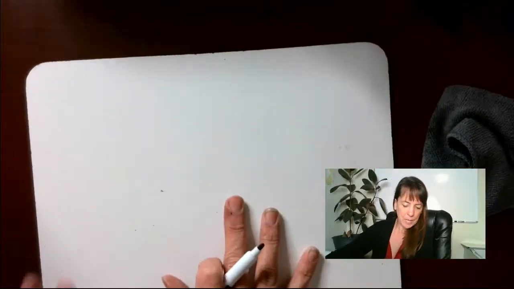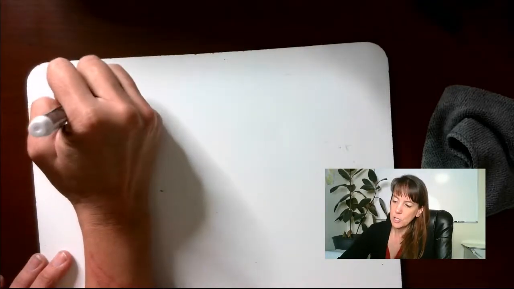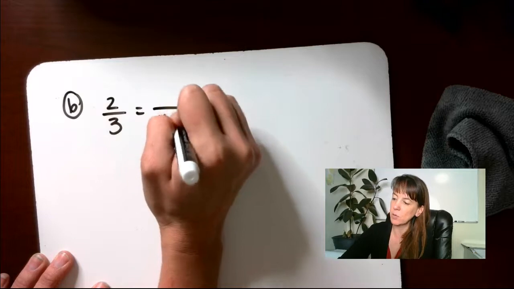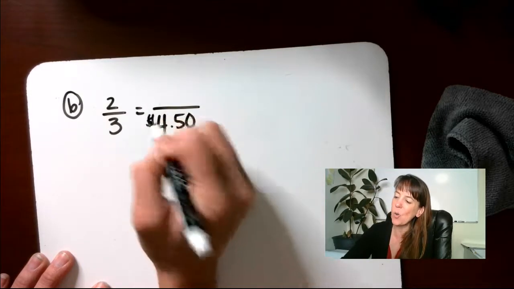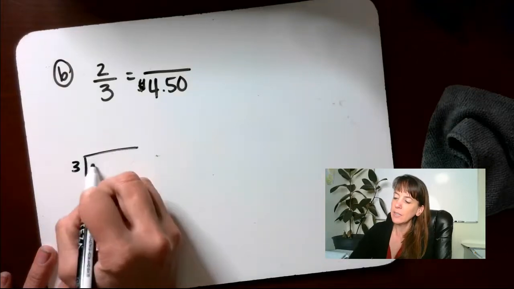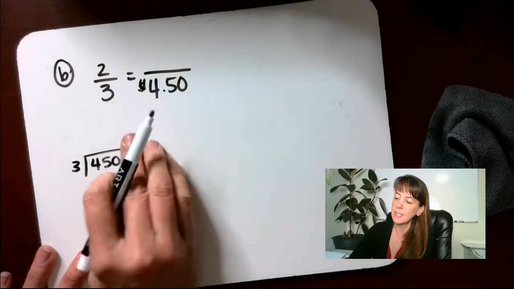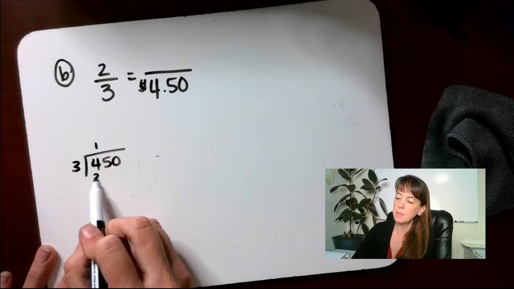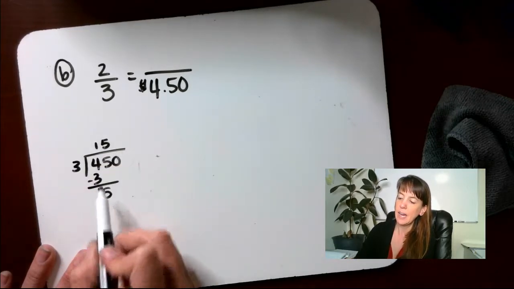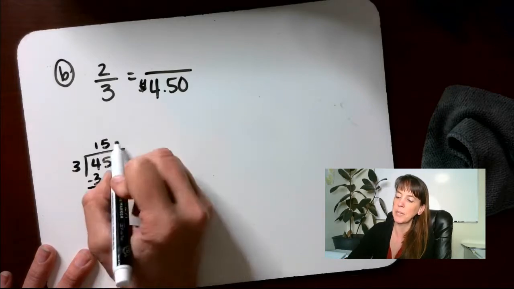All right, so for B, how much money is 2/3 of $4.50? Again, we're going to ignore that decimal right there for right now, okay? 3, and then we've got 450. 3 goes into 4 one time, right? Subtract and bring down. That gives us 5. And 5 times 3 is 15 with a remainder of 0.